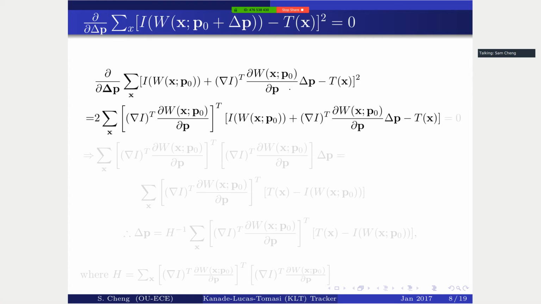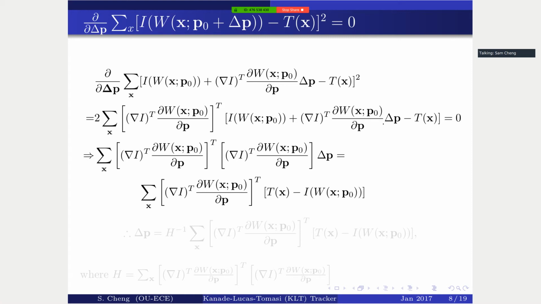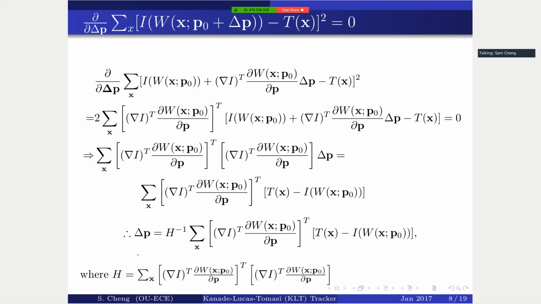So this one is B, and then this whole thing is just copied down here like this. Then I want this equal to 0, and I just want to solve for delta p. If I solve for delta p, moving things around, eventually what I get is something like this.